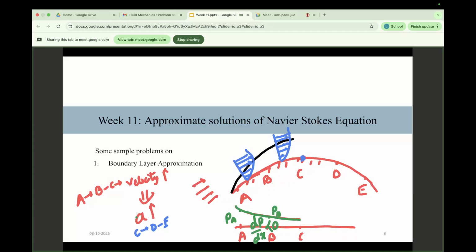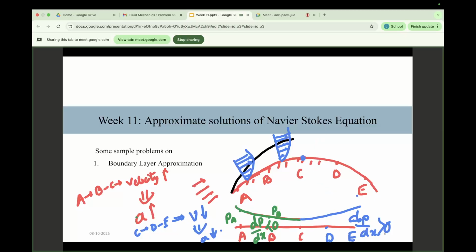So in this region the velocity decreases, which implies the acceleration is also decreasing, right? Therefore, as the velocity is decreasing, that means the pressure will increase. So at points D and E, you will find the pressure gradient will increase.